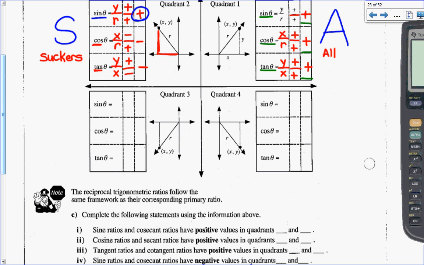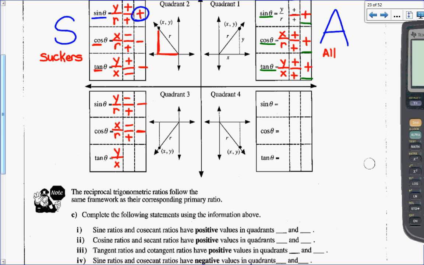Okay, quadrant 3, sine is y over r. And in quadrant 3, our y value is negative, but our r value is always, always positive. So that's going to give you a negative value for sine. Cosine is x over r. X value is negative, but our r is always, always positive. That's going to give you a negative value of cosine in quadrant 3. Tangent is y over x.